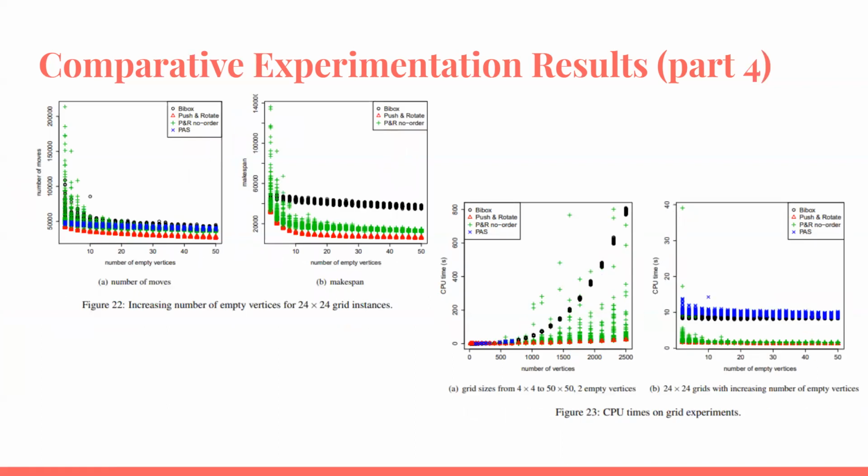For figure 22 here, I found it pretty interesting. What we're doing is increasing the number of empty vertices for the same 24 by 24 grid. And we're finally into our grid instances here, by the way. This is where we really get to see push and rotate shine. As we increase the number of empty vertices, we obviously have to perform fewer and fewer swaps, so it's going to downtrend.